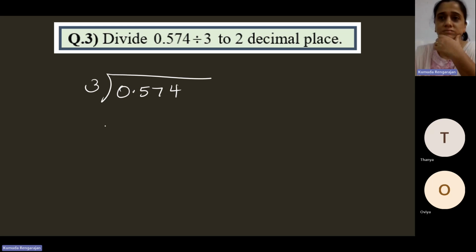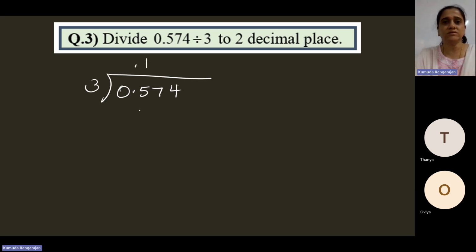I can understand this divide 0.574 divided by 3. But I don't know two decimals. No problem. I'll tell you. So you'll have to take 0.5, right? 0.5. And 5 is after the decimal point. So you'll have to place a decimal point here.